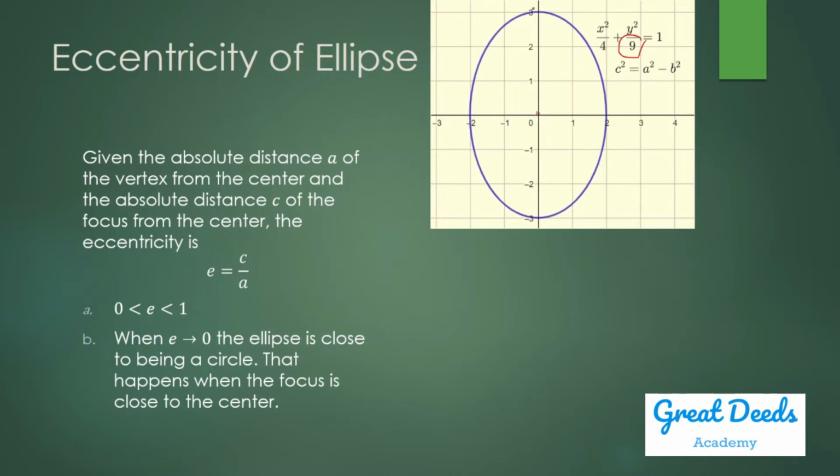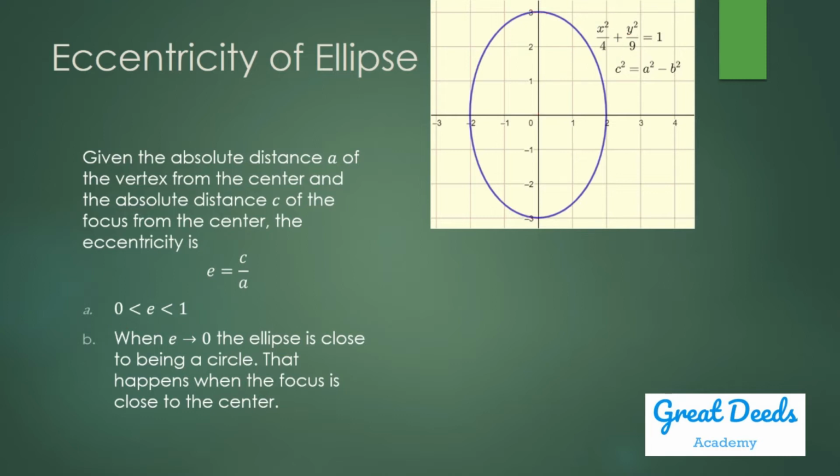And so that is one vertex. And the other vertex will be 3 units below the center. The focus is between the center and the vertex, which is why C is always less than A. And if C is less than A, then C over A is going to be between 0 and 1, or it is less than 1.